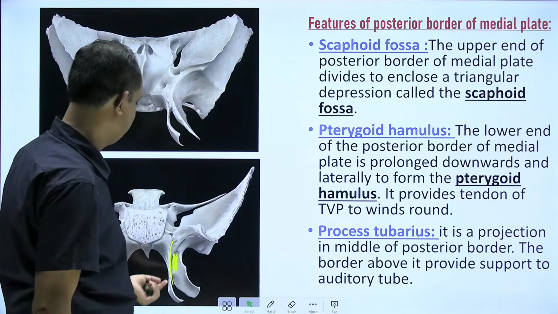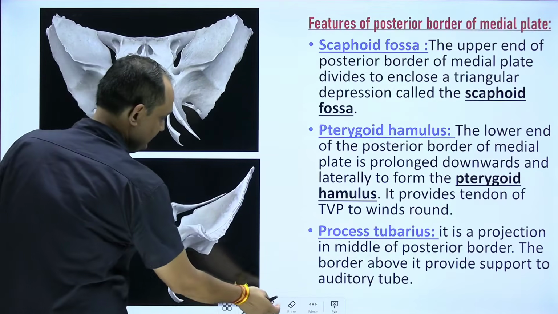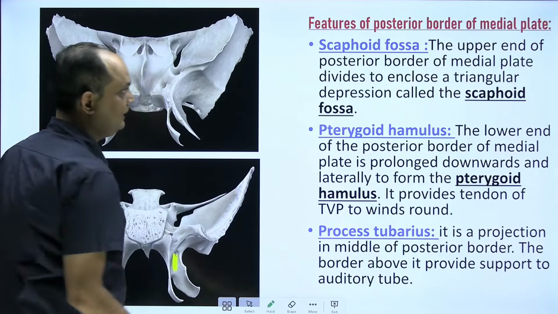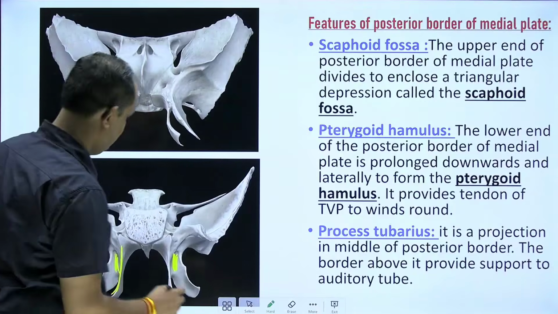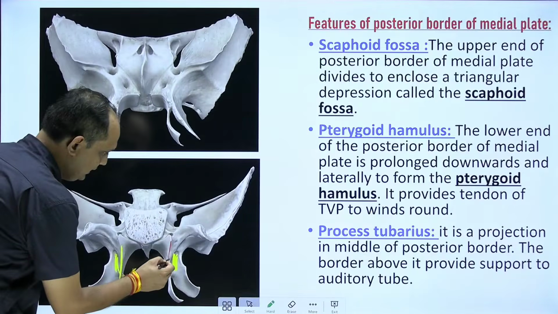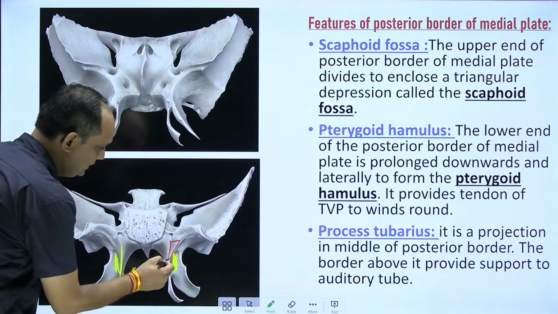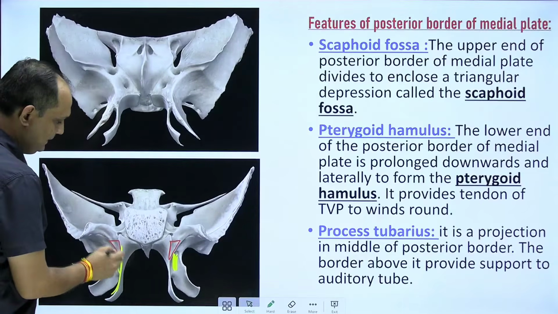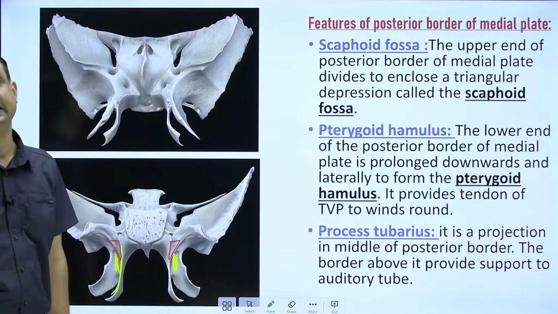When you trace this posterior border and reach the upper part, you will realize there is a very small depression which is triangular in nature. Here you will find a triangular depression along the upper part of the posterior border of the medial pterygoid plate.